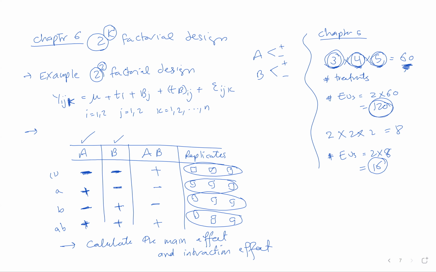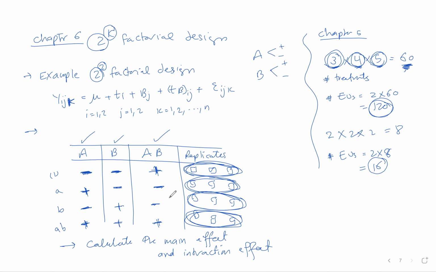To calculate the interaction effect AB, I calculate the average of plus minus the average of minus. For plus, I have 2 pluses, so the average of these 6 values minus the average of these 6 values gives me the interaction effect AB. This is how I estimate the interaction effect and the main effect for the 2 to the power k factorial design.